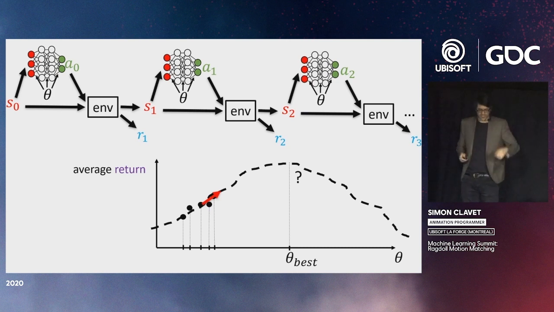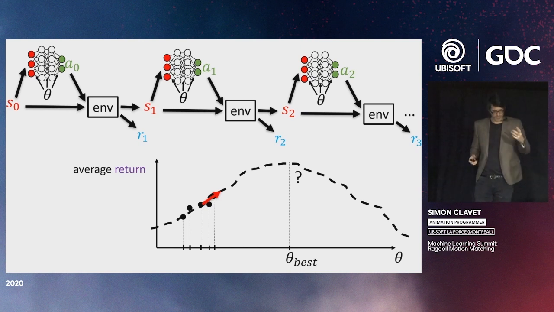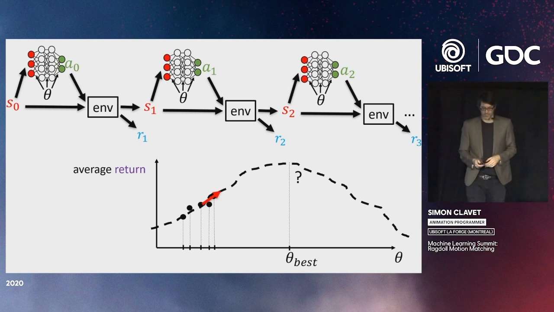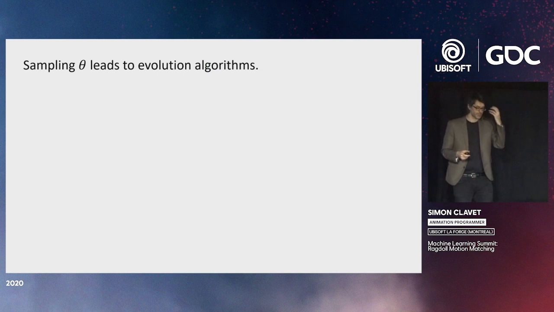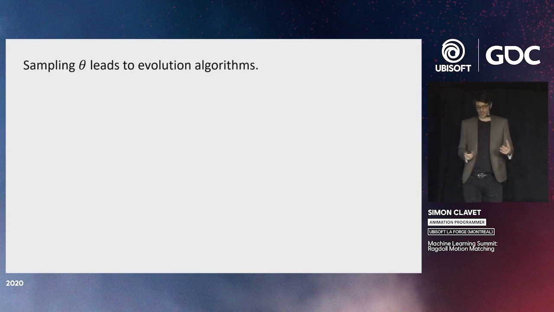So for this you can just, as I said, try a bunch of different policies. The policies are really neural networks, it's parameters of neural networks. You can really try them randomly. That might be hard, but you can still try it. And it leads to evolution algorithms. So that's what evolution is, trying different policies. You could do it with particle swarms or genetic evolution.